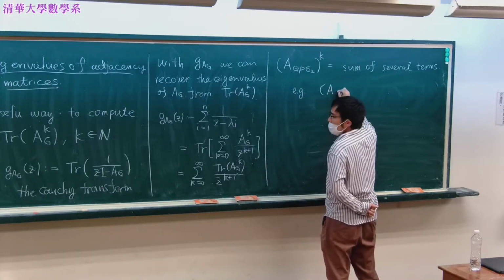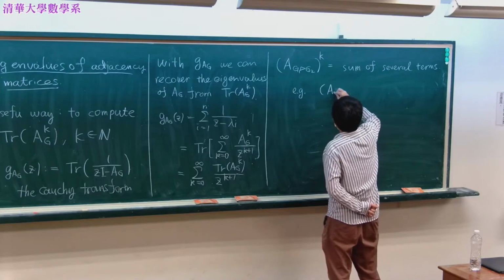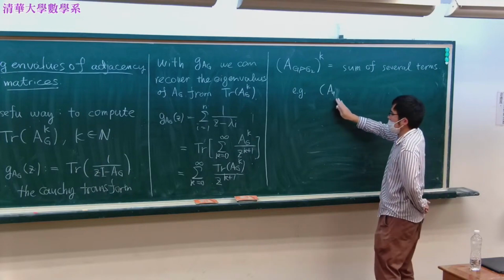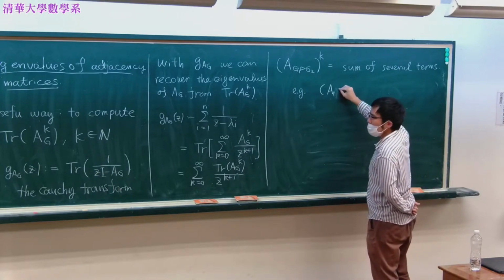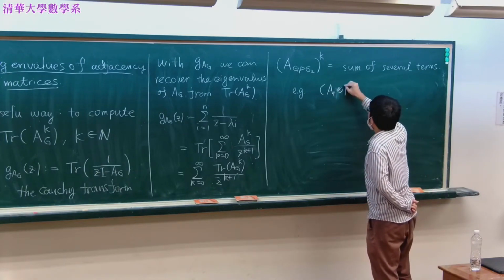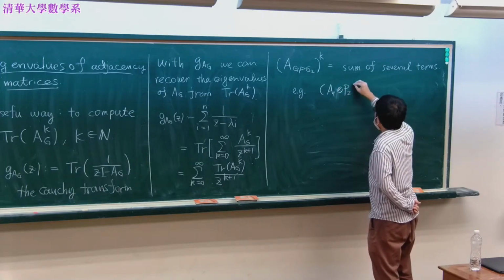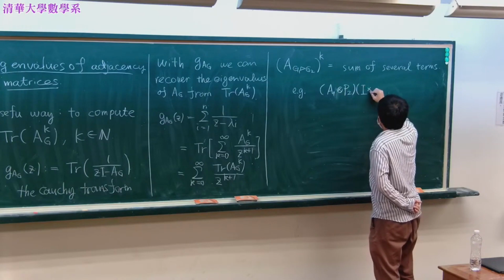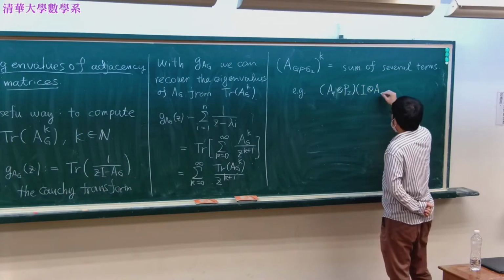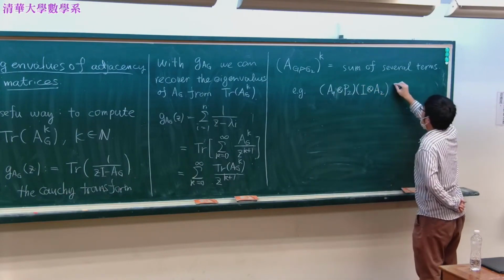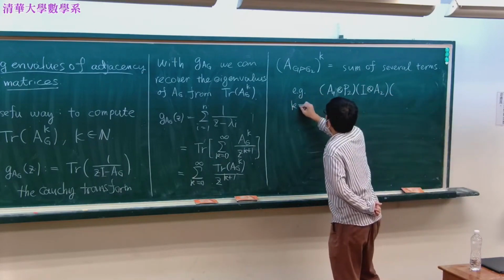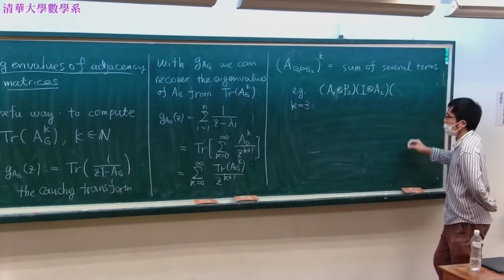Okay, let me use some shorter notation, just A1 instead of AG1. So, for example, we have such a term, A1 tensor P2 and I tensor A2 and P2 times, let's say for K equal to 3.